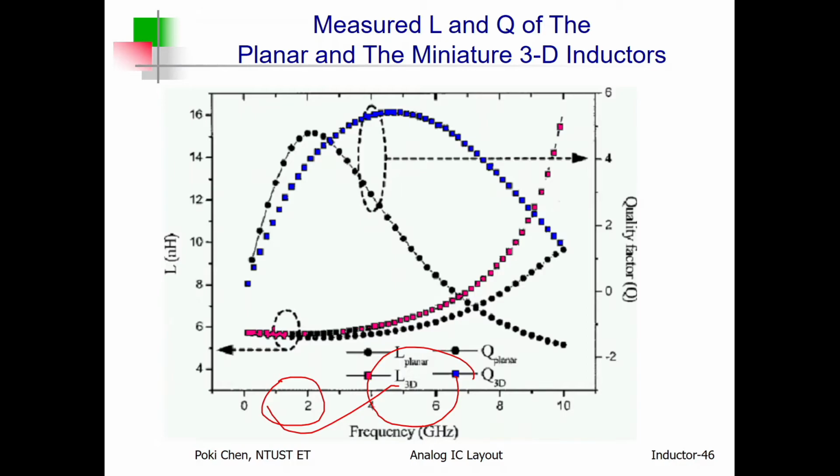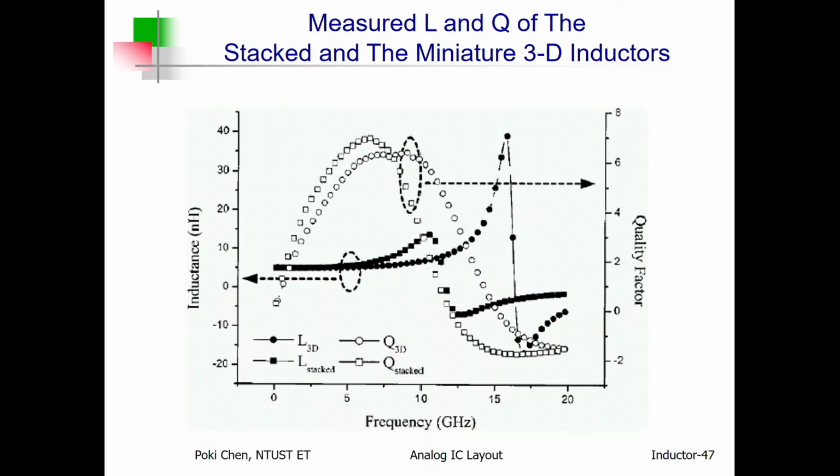And also according to the inductance, you can see 3D inductor can provide much better inductance than the original planar inductor. If you compare the 3D inductor to the stacked inductor, you will see the Q factor is reduced a little bit from such kind of, this is for stacked, right? See, the square one for stacked, okay?